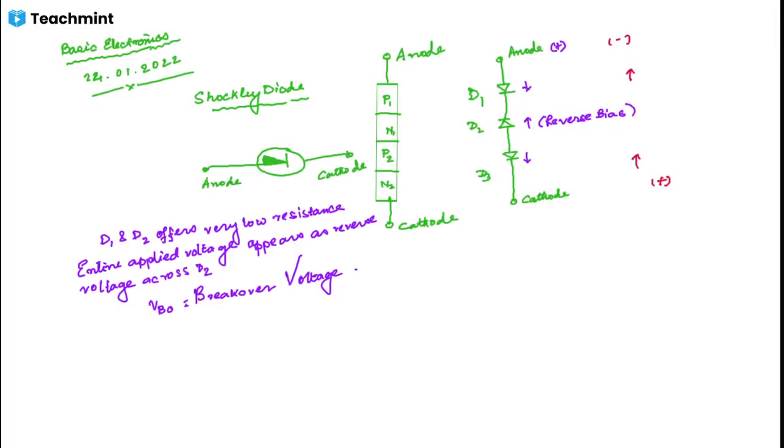D1 and D3 will be reverse biased and the diode D2 will be forward biased. If reverse voltage is increased sufficiently, the reverse voltage breakdown point of the Shockley diode is reached. At this point, diodes D1 and D3 would go into reverse breakdown.